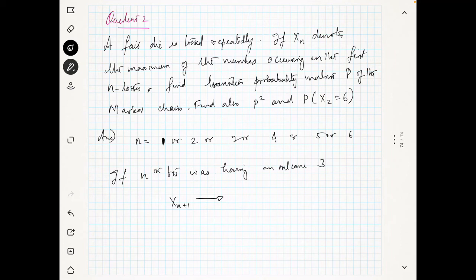Whatever you get in the nth outcome, 1, 2, 3, 4, 5 or 6, if you toss for the next time, you may get all of these with equal probabilities.